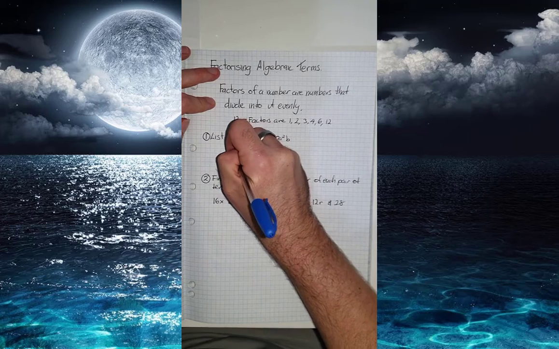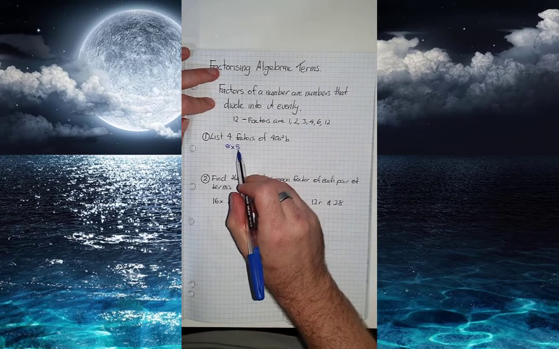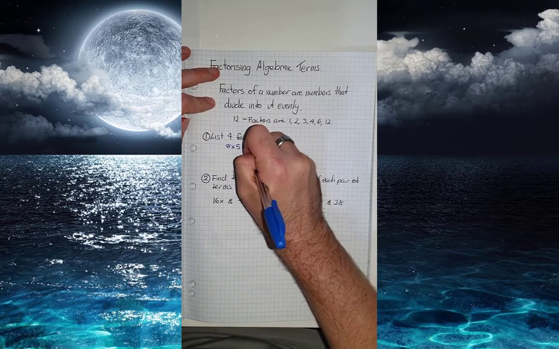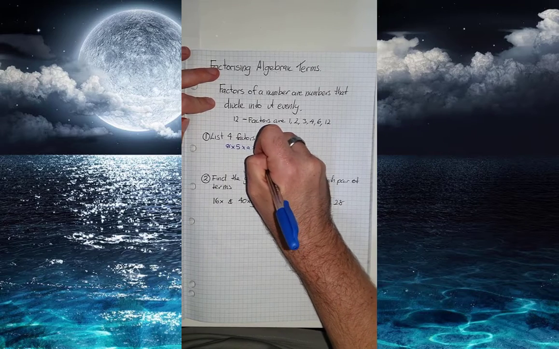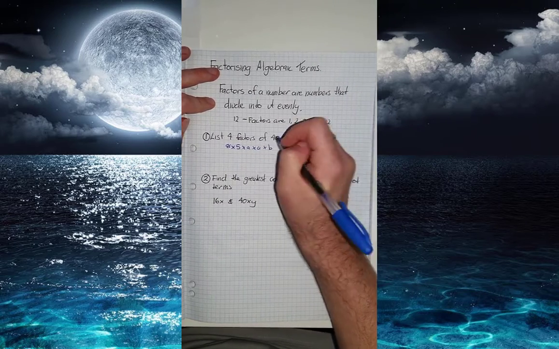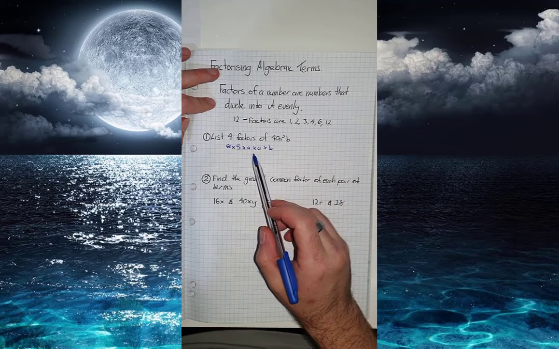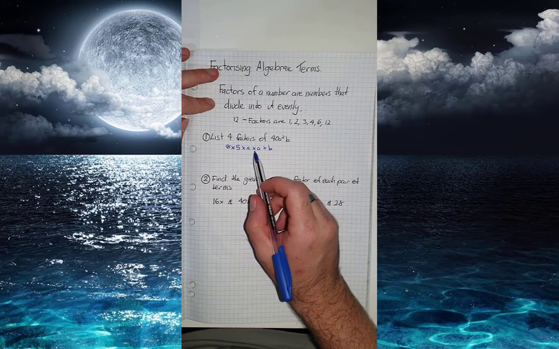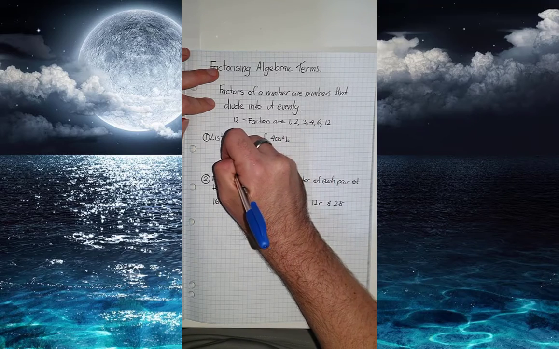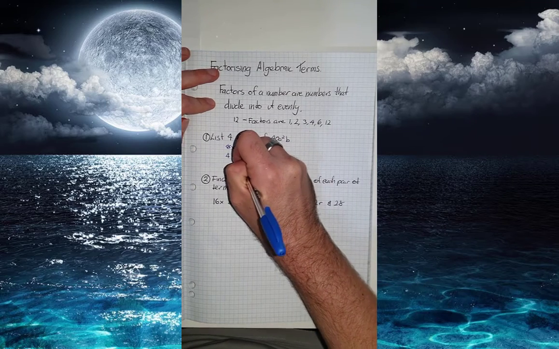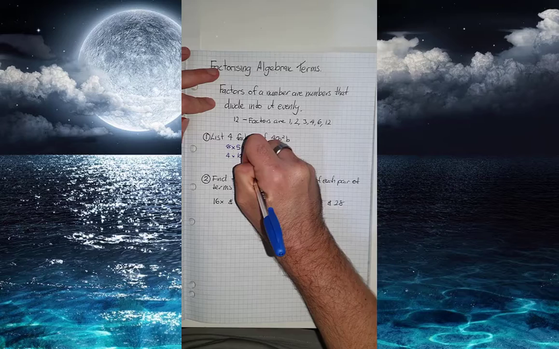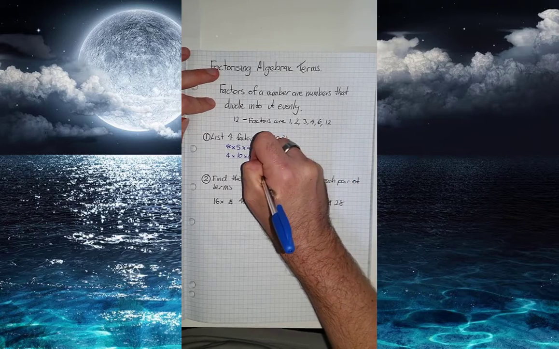So 8 times 5 times a times a times b. Now we could look at it another way: 4 times 10 times a squared times b.